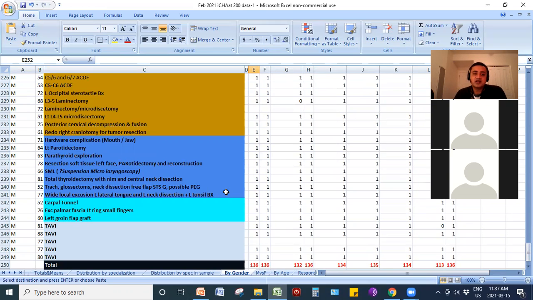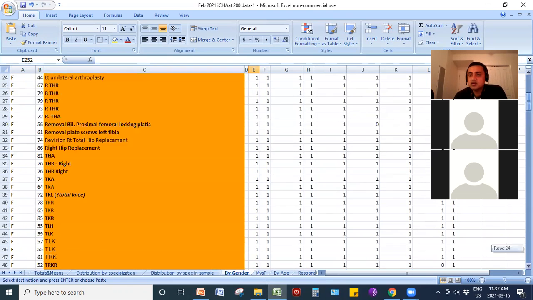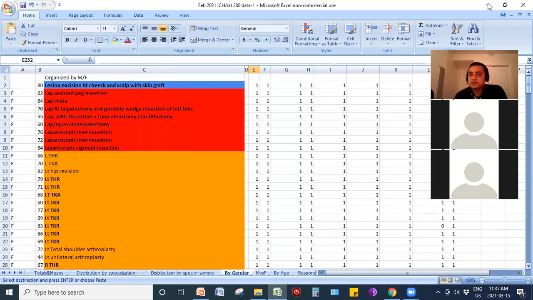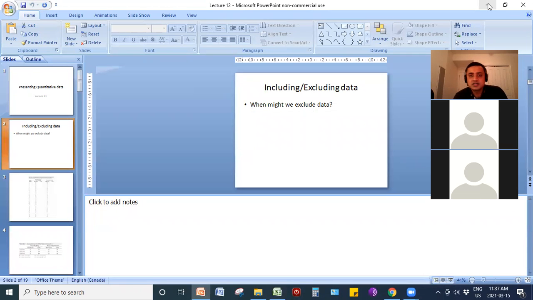There are ways to use very small samples, but it requires a lot of statistical compensation, and then it becomes one of those difficult to justify data sets. So people will avoid or ignore that data in that circumstance. So in quantitative research, those are some reasons why we might exclude data.